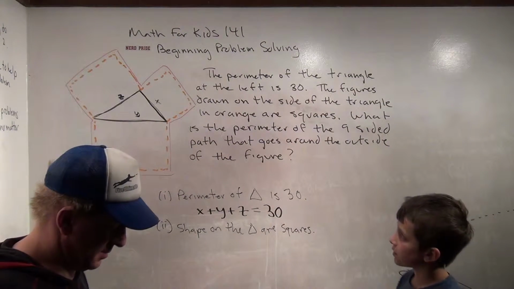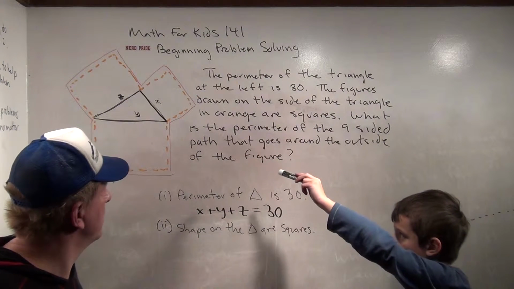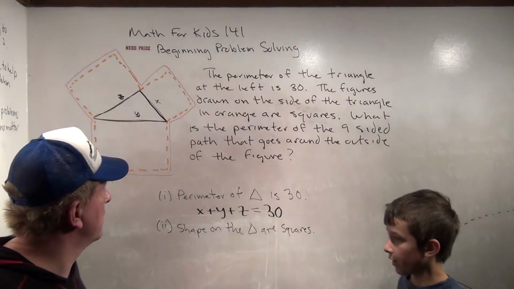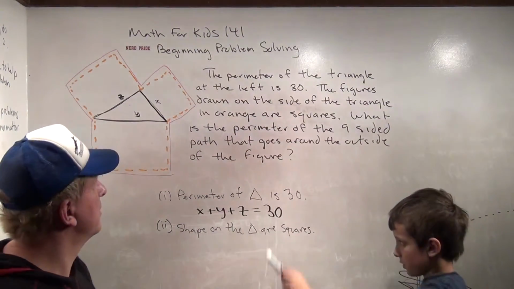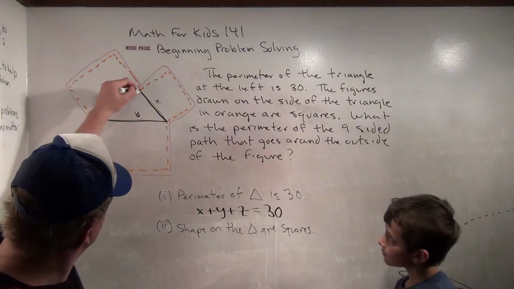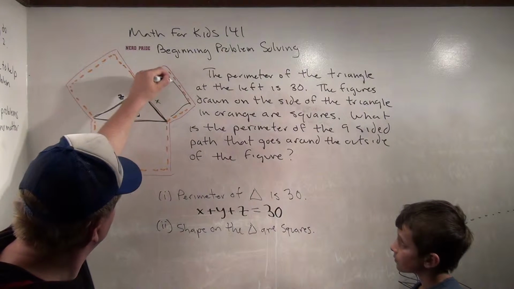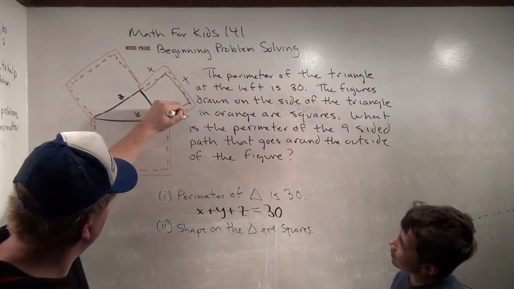Well, that tells us that on the sides where x is, all the sides are x. Why is that true? Because squares have the same sides. So this is a square, which means this is x, and this is x.